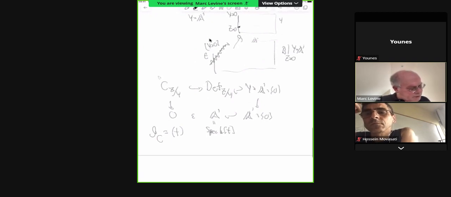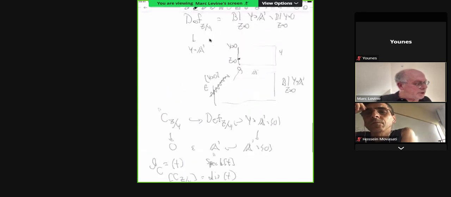And so you can define the cycle here by just taking the divisor of T. That will automatically give you the multiplicities. Okay, so that's what this cone is.